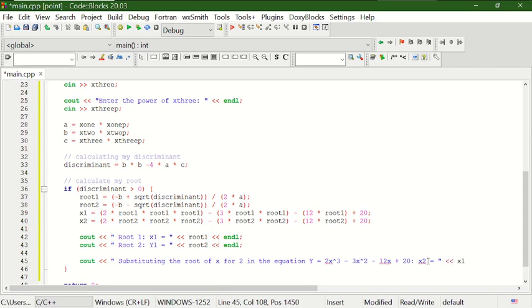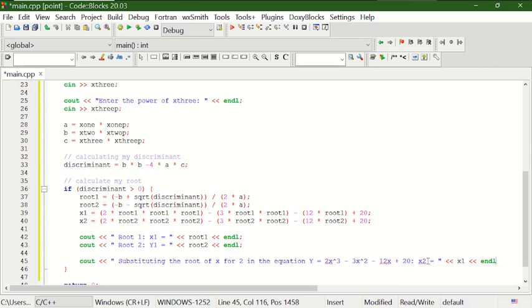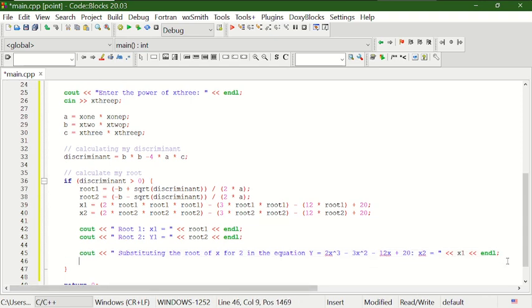So this should be x1, so end line, then we can take this whole long line and say this should be what? x2, for here we know the what? y2.